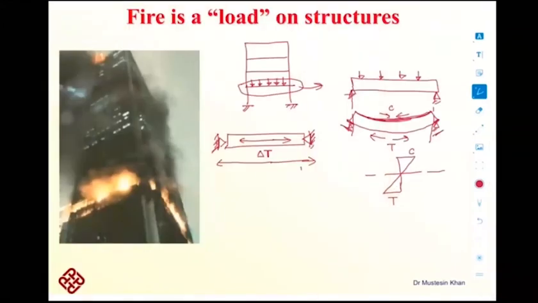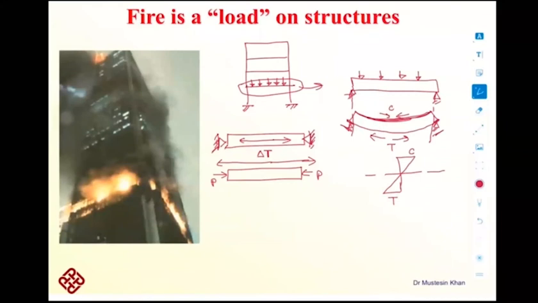This beam would be in its initial position only if we are applying a compressive force, and we are stopping it from expansion just by applying a compressive force. It means the effect of fire is to induce this compressive force in the member.